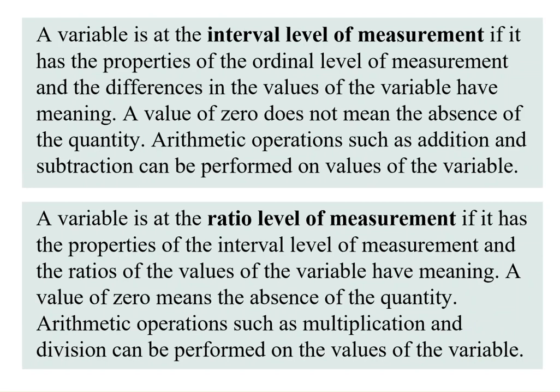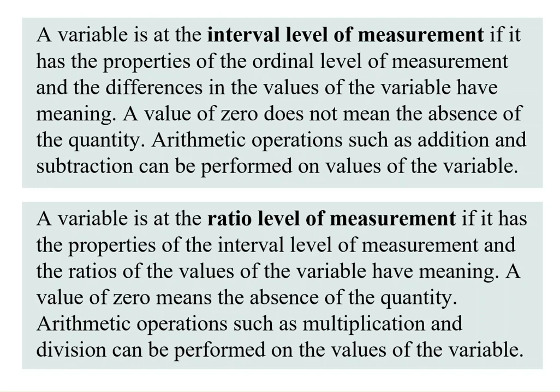The next level is the interval level of measurement. It has the properties of the ordinal level, which also had the properties of the nominal level, so it's continuing to build. And here the differences in the values have meaning. So a value of 0 here does not mean the absence of the quantity.